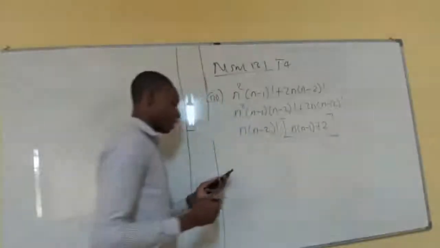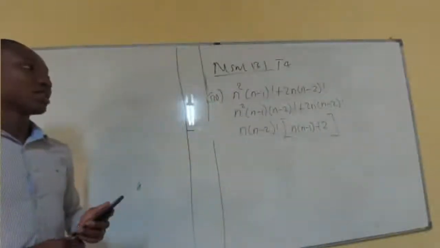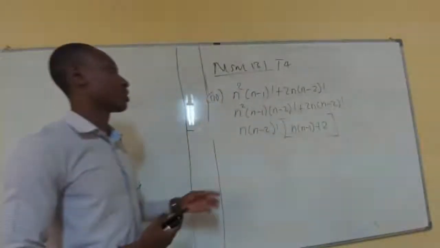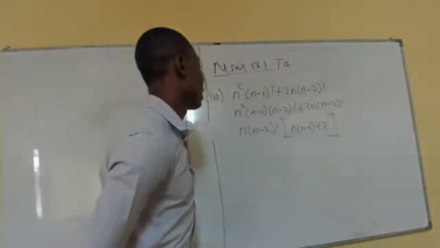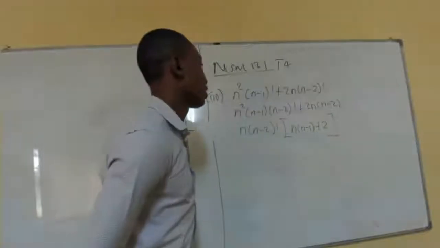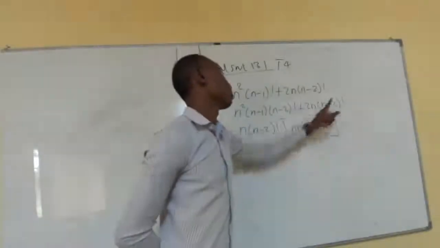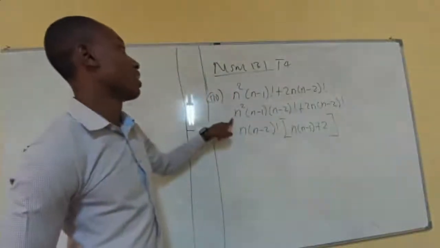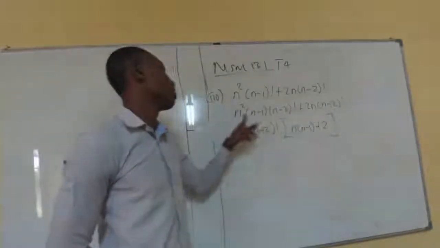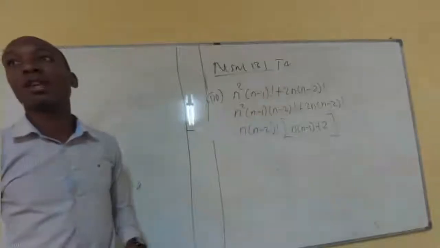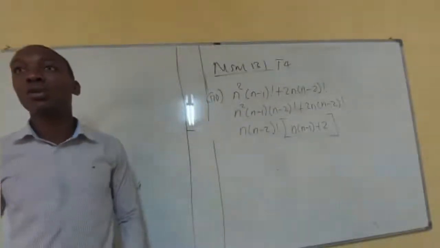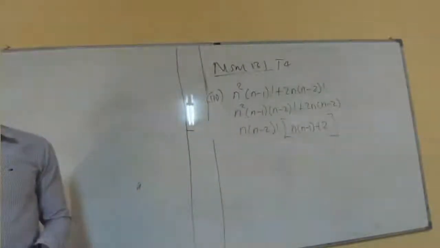So that's your answer right there. I've factored out the n and the n minus 2 factorial because they are common to both. We have n squared and 2n, so there's an n here and an n here, which are factored out. So that's how you go about these questions.